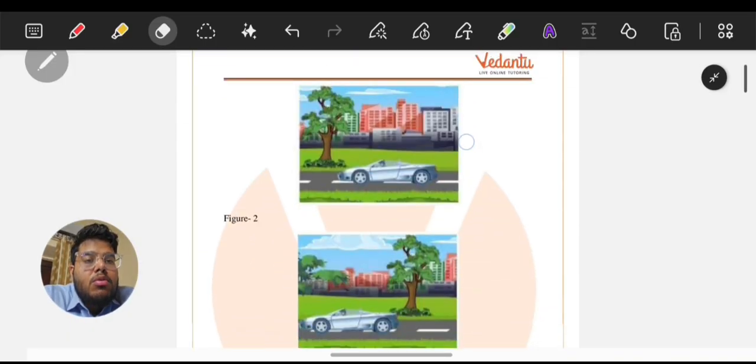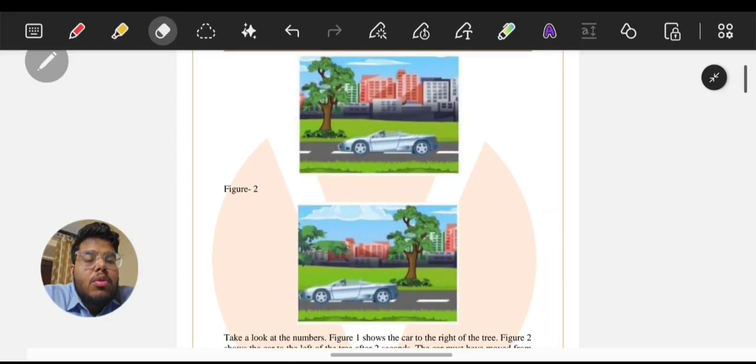Now we take an example by seeing these two images. In the first image, the tree is in front of the car, but in the second the tree is behind the car, which concludes that the tree has moved away from the car, which means we understand that the car is moving. How can we understand? With the understanding of surrounding motion, right?